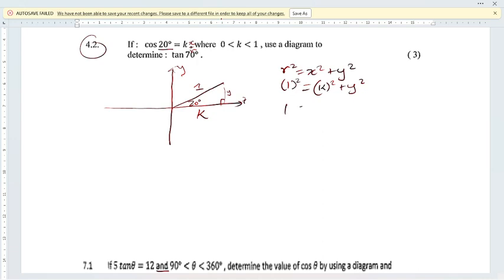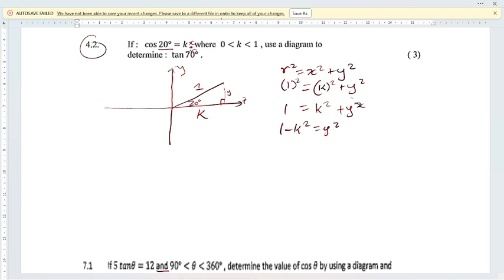What is 1 squared? 1. What is k squared? Plus y squared. We want y squared, so we move k squared to the other side. So we have 1 minus k squared equals y squared.